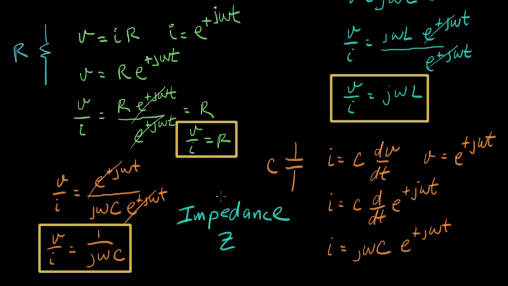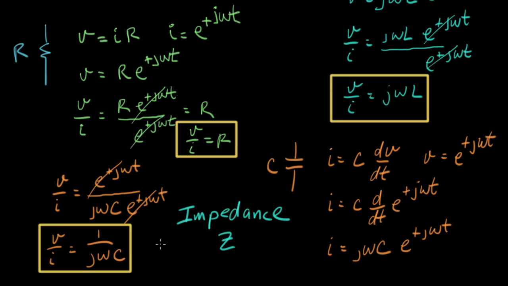So this word impedance is the general notion of the ratio of voltage to current, and we can do that for all three of our passive components. For a resistor, the impedance is its resistance, R. So the word impedance is like the word resistance, except it's a more general concept. It's the general concept of voltage divided by current. For an inductor, the impedance, V over I, is j omega L. And down here for a capacitor, the impedance is 1 over j omega C. So this is where the word impedance comes from.